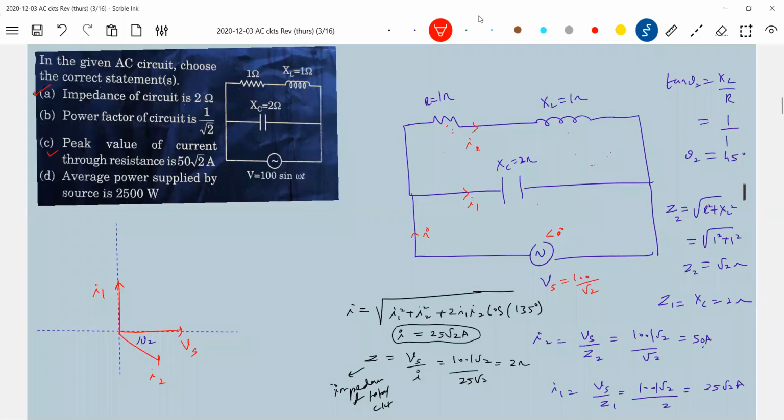So I'll calculate the components. What is Iy equal to? I1 minus I2 sine theta 2. We had I1 as 25 root 2, I2 as 50, and theta was how much? 45, so sine is 1 by root 2.